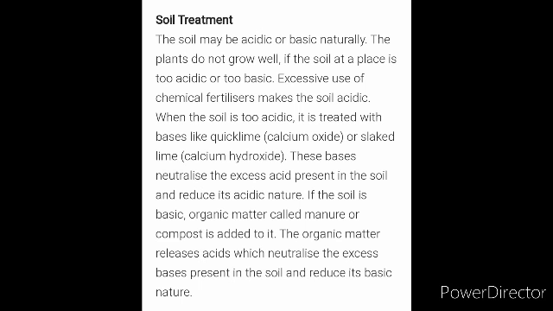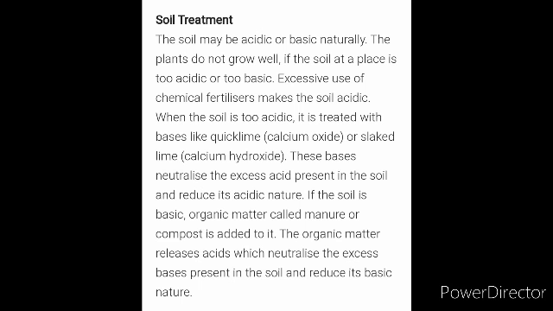Next is soil treatment. The soil may be acidic or basic naturally. Yes, the plants do not grow well if the soil at a place is too acidic or too basic. It means it needs a neutralized field. Excessive use of chemical fertilizers makes the soil acidic because it contains a lot of acidic substances. When the soil is too acidic, it is treated with bases like quicklime, calcium oxide, or slaked lime, that is calcium hydroxide.